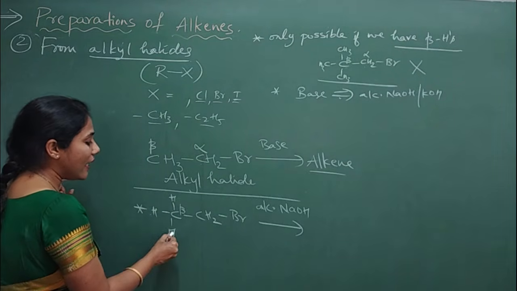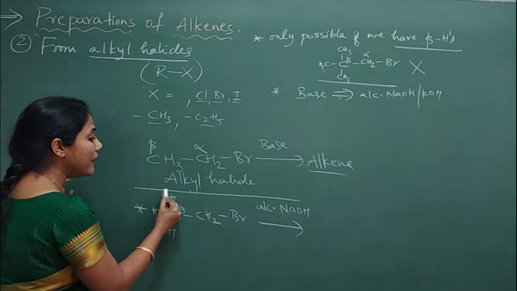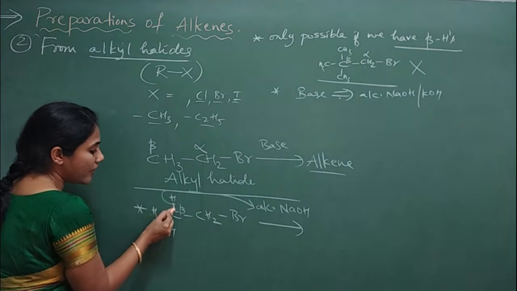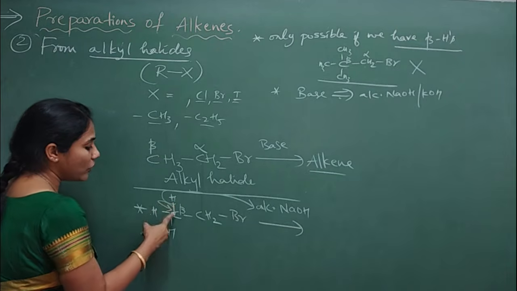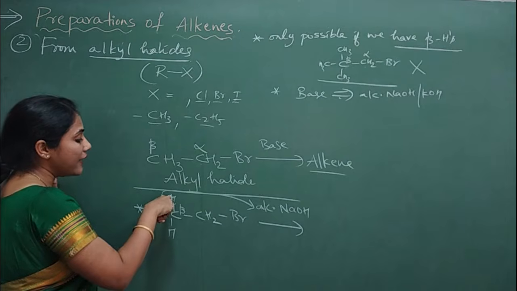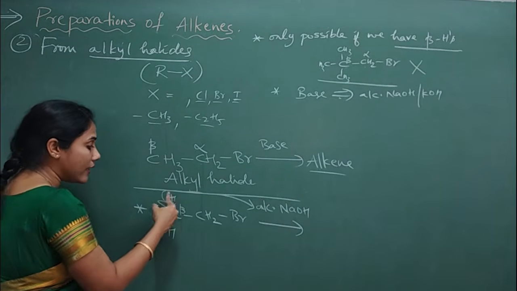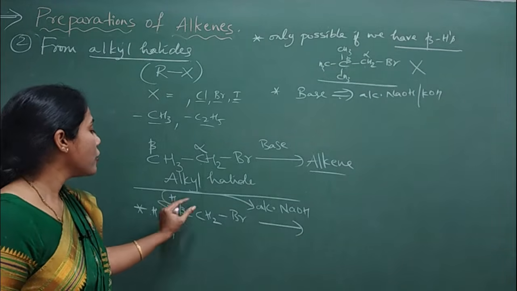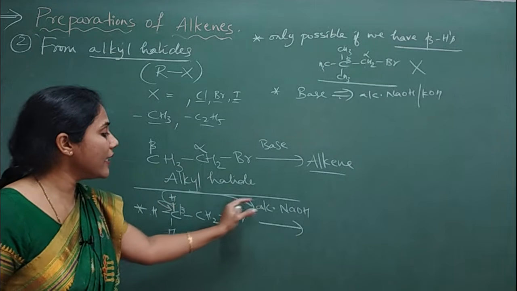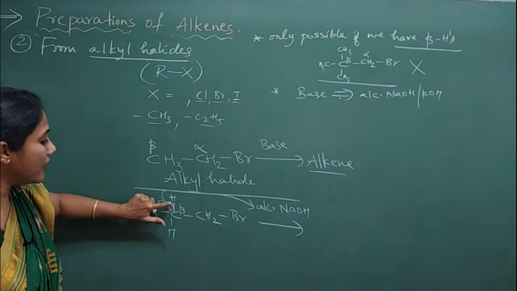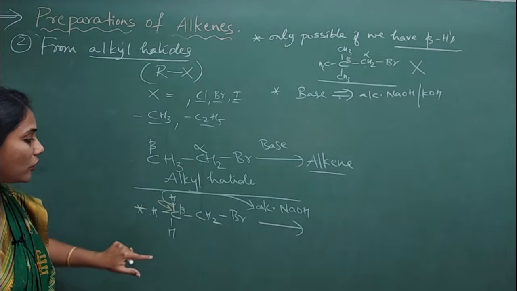So one of the beta hydrogens is taken by the base. This bond is there, and now this bond will move onto the carbon. Only the proton is gone, that means the hydrogen goes in the form of a proton. That proton is abstracted or taken away by the base, so whatever bond was there between carbon and hydrogen will get shifted onto the carbon.